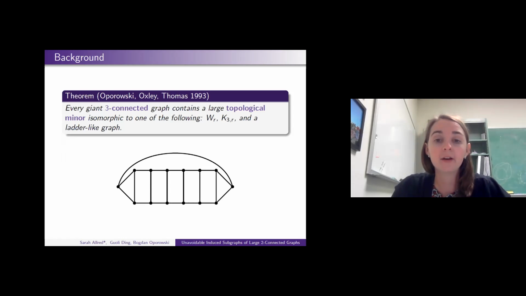If we think of a ladder, we can pinch the ends and join them with an edge to have a 3-connected graph. They also proved it for a type of 4-connectivity, but that's a longer list of graphs and a bit more complicated.